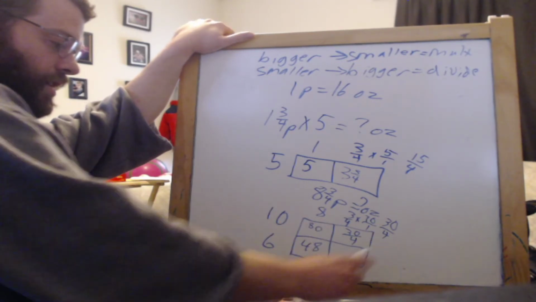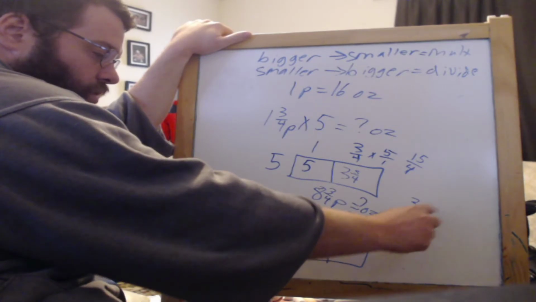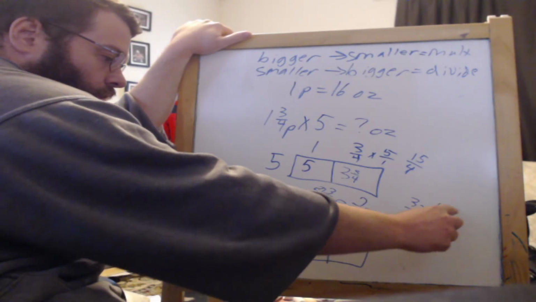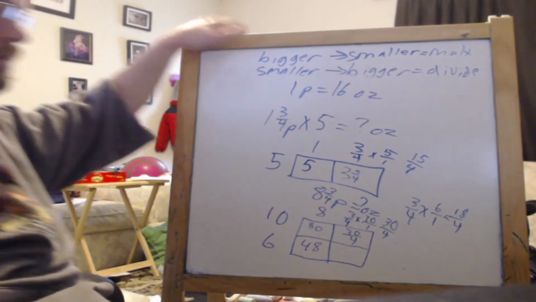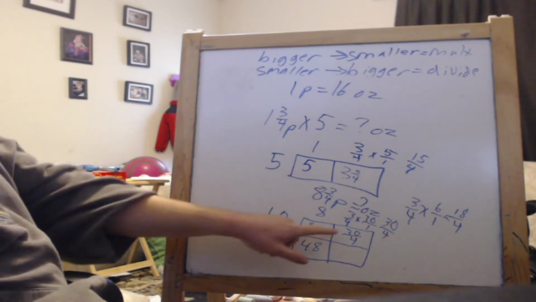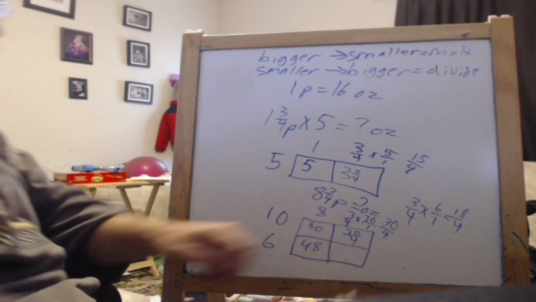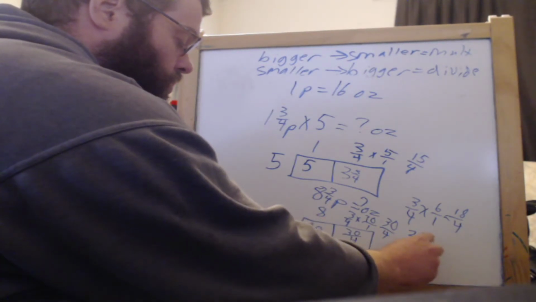And then 6 times 3/4, times 6 over 1, equals 18 over 4. Okay, so we could actually add these together first, 30 over 4 plus 18 over 4.